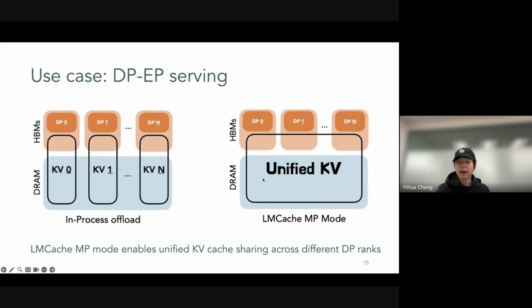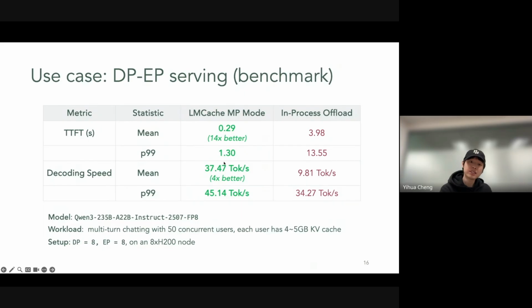But with LMCache MP mode, we are unifying the KV cache pool on a single DRAM, so that when different DP ranks access this pool, there is no need to copy, share, send, or receive the KV cache across different DP ranks. Everything is shared, and we actually get a pretty impressive performance result by running this DPEP setup.